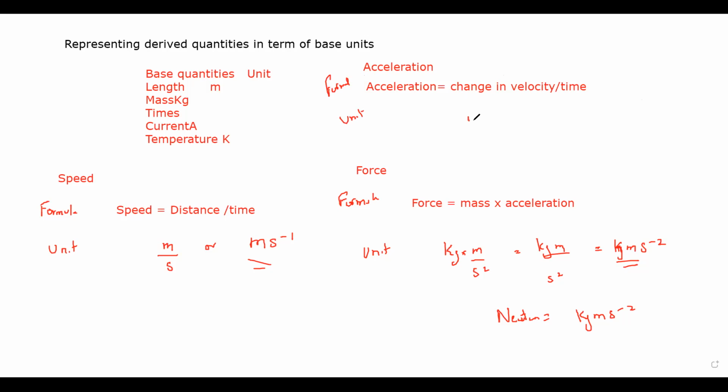For change in velocity, that is meter per second, and the unit of time is second. So when we solve, it will be meter divided by second square, and if this moves to the numerator, it will be meter second minus 2. So that is the base unit for acceleration, or representing acceleration in terms of base units.